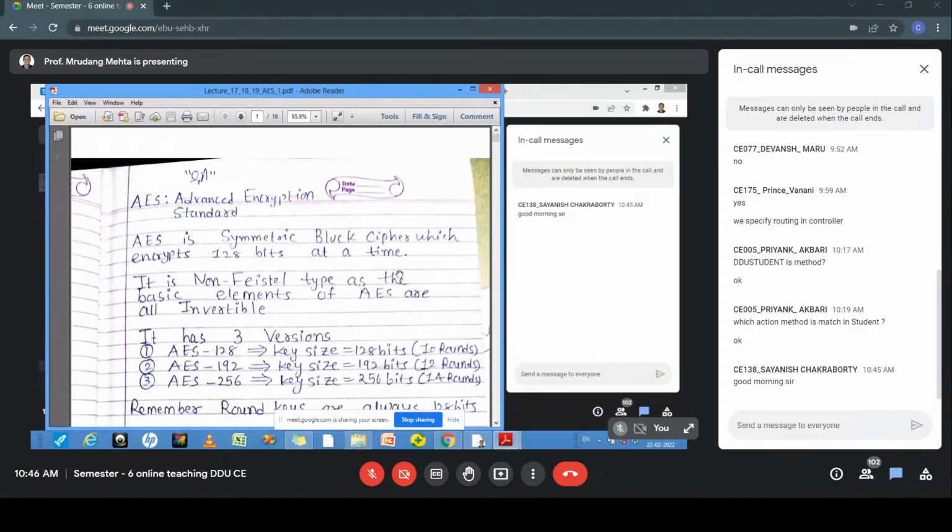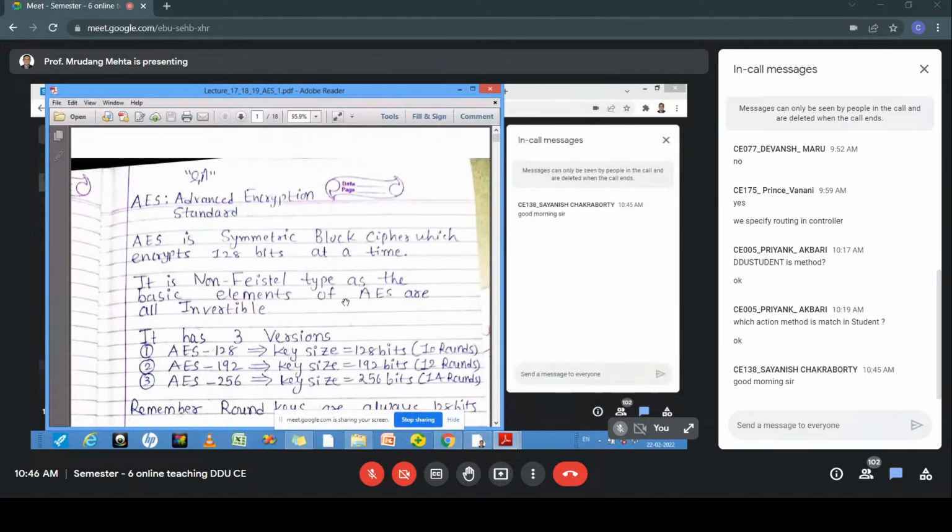Okay, so we will continue from our discussion of Advanced Encryption Standard, AES. A very short revision of last week's discussion about AES, and then I will start again the discussion of finite field structure.